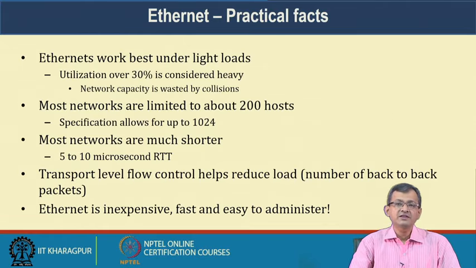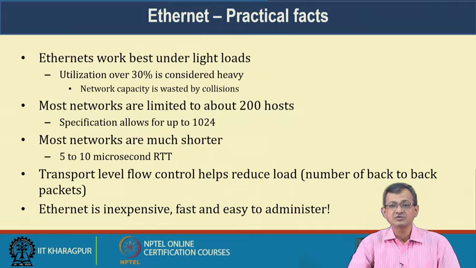Ethernet works best under light loads; utilization over 30% is sometimes considered heavy load, where network capacity is wasted by collisions. I am talking about traditional Ethernet. Most networks are limited to about 200 nodes.